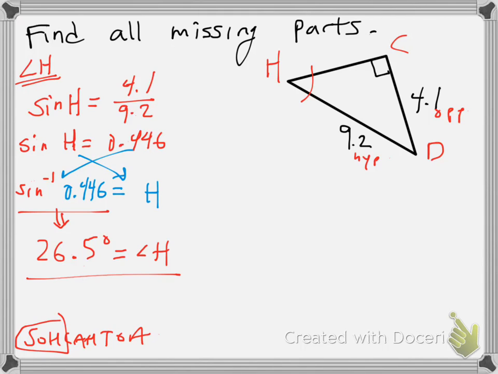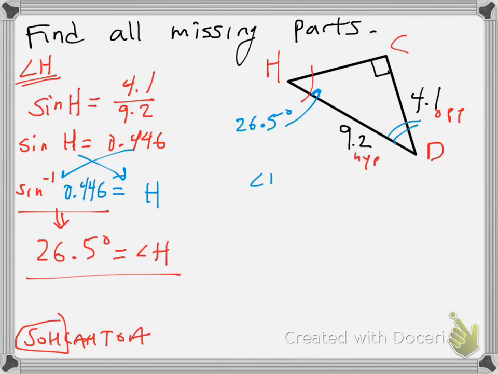So now that we know that H is 26.5 degrees, there's a variety of ways we can go. Well, angle D is still missing, but you already know that all triangles make 180. And in a right triangle, H and D here must be complementary, right? You've seen this before with theta 1 and theta 2 in class.